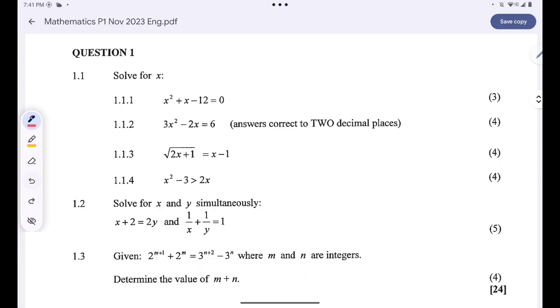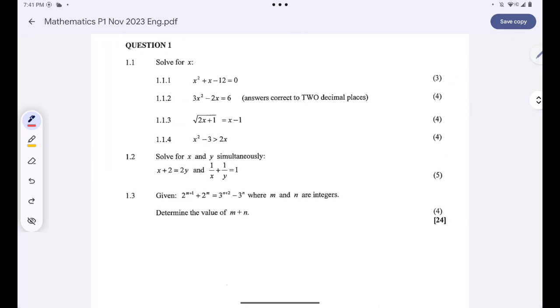So we will proceed to the following step, whereby we just need to factorize. So whenever I'm factorizing, I just want to find the values of the factors of 12 that when I subtract will give me 1. The factors of 12 that when I subtract will give me 1, those are 4 and 3. And since the sign here is minus, it simply means that my brackets must have two different signs, right?